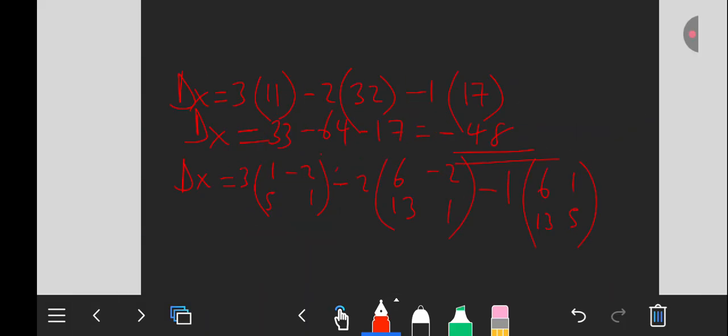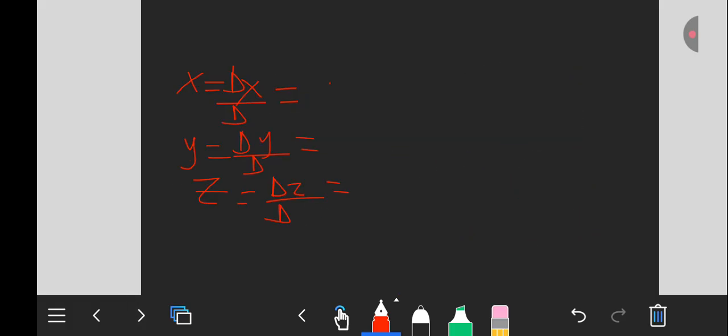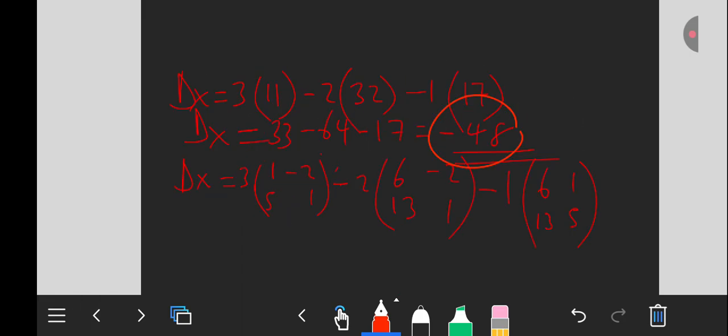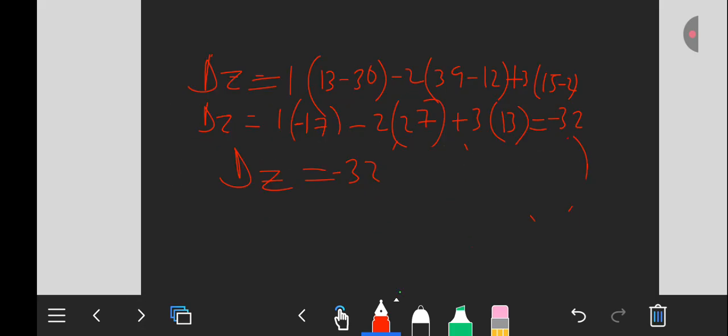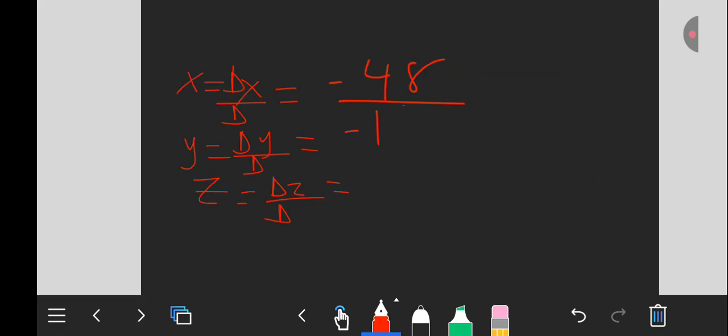So the first one, determinant of x, we found negative 48. So negative 48 divided by the determinant of the original matrix, we found negative 16. Negative 48 divided by negative 16 will give us a 3. So this is the value of x.